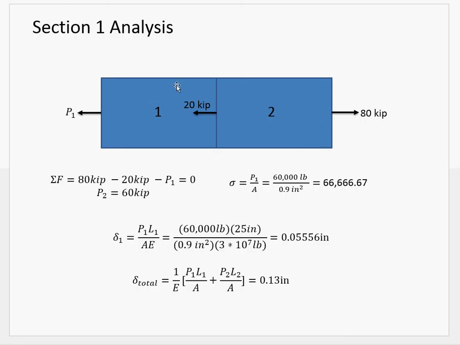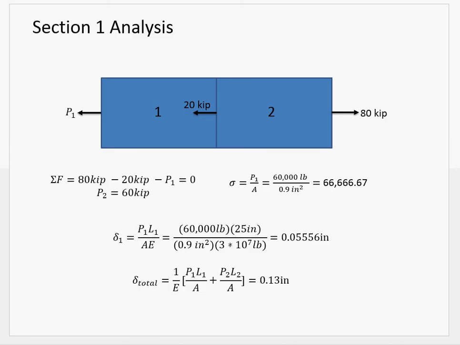For section 1, you leave on section 2, or at least the loads applied from section 2, and then now you add on section 1. This brings into play that 20 kip equivalent, affecting your summation of forces.